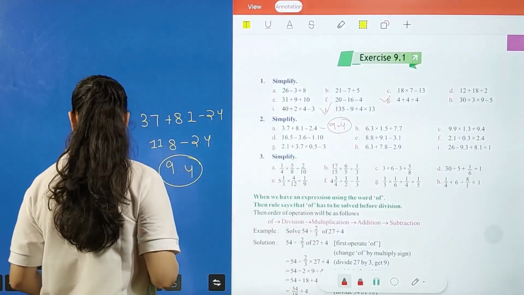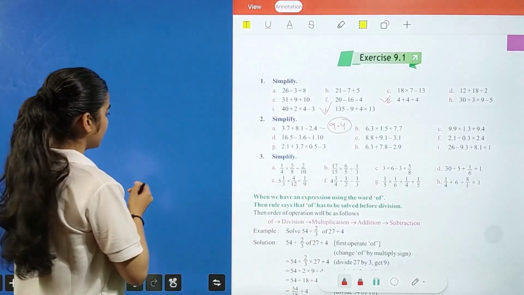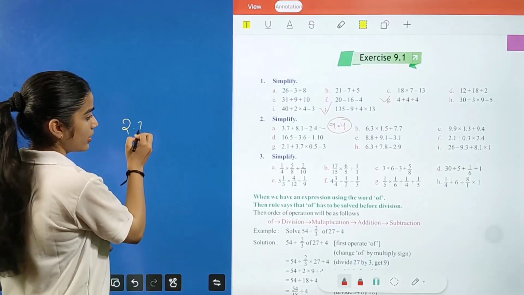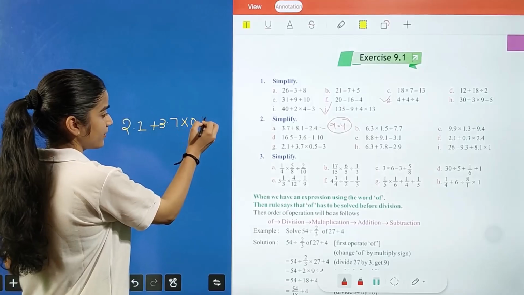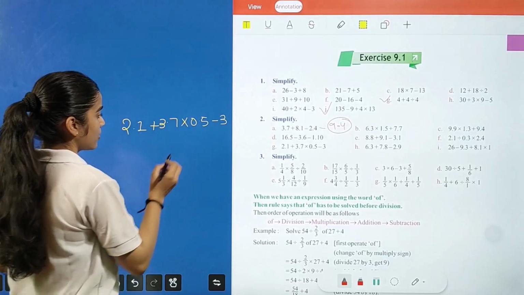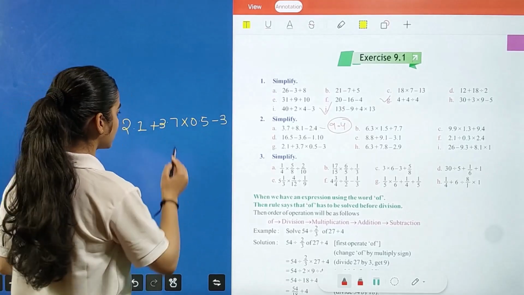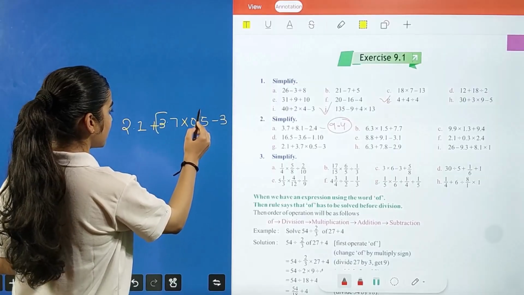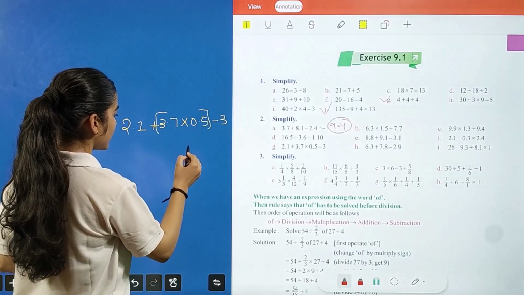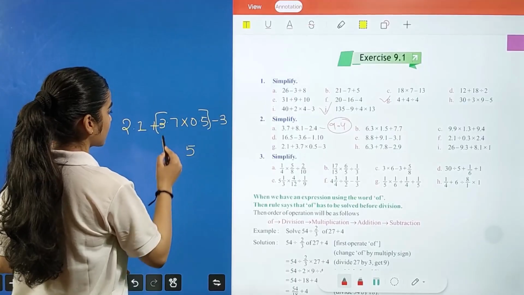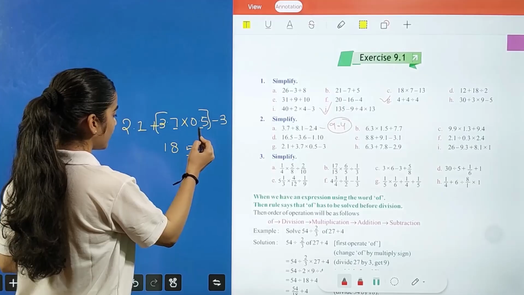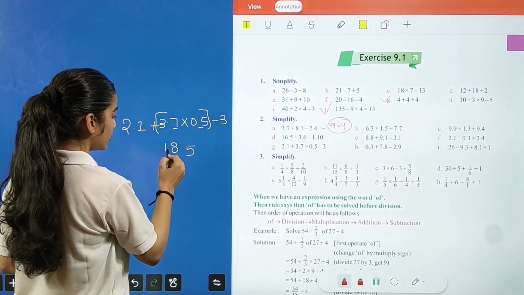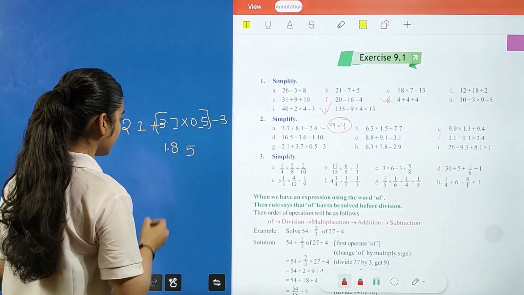Next, part G. Here we have 2.1 plus 3.7 multiply 0.5 minus 3. So first we have to take multiplication. 3.7 multiply by 0.5. 5 sevens are 35, 5 threes are 15, 18. After the point we have 2 digits, so 1.85.